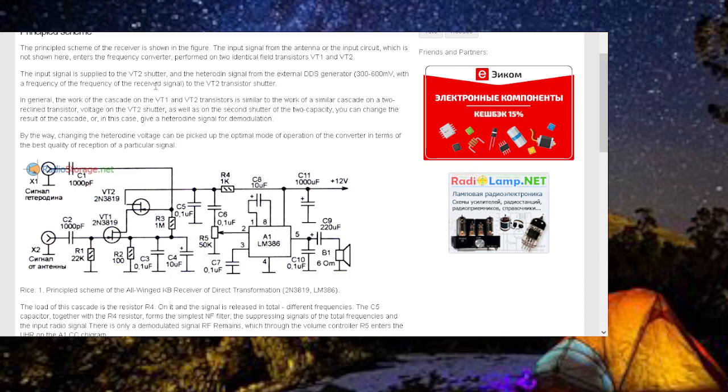The input signal is supplied to the V2 gate and the heterodyne signal from the external DDS generator to 600 millivolts. So I'm going to save this page. I can build this.